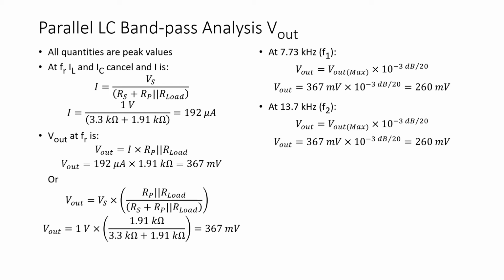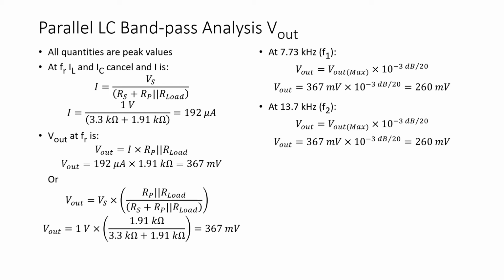And we can also calculate the output voltage using the voltage divider formula for the series parallel circuit in figure 8, where Vout equals V source times the parallel combination of RP and R load divided by the total resistance of the series parallel circuit, again 367 millivolts.